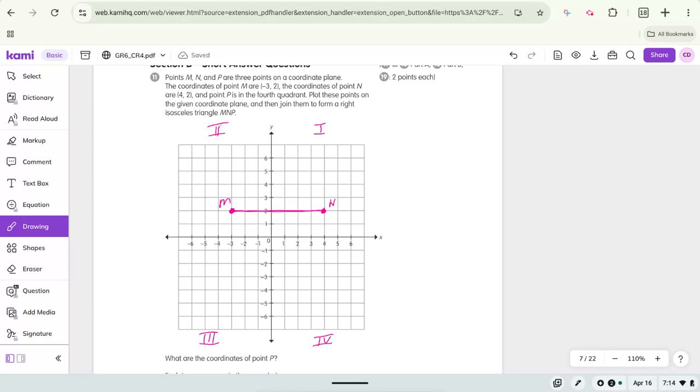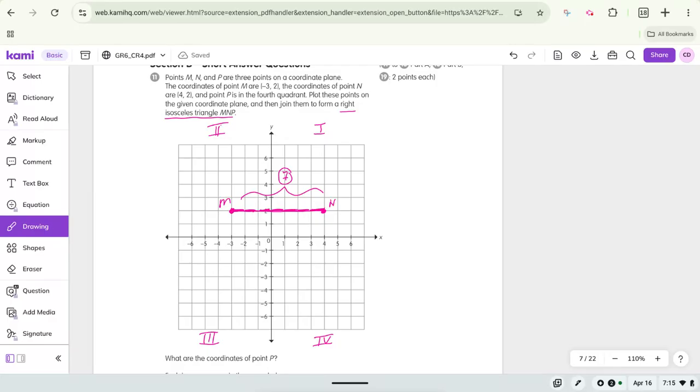Now I have some other clues. I know that when I plot point P, it is going to form a right isosceles triangle. Isosceles triangles have 2 sides that are the same length. Okay, so this side, if I count, it's going to be 1, 2, 3, 4, 5, 6, 7.